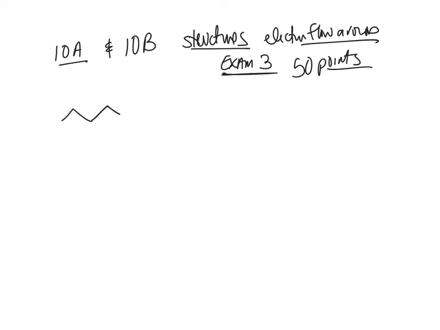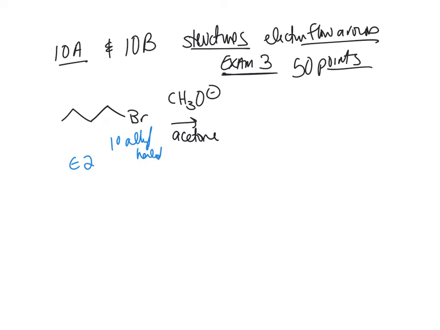You have this compound here, acetone, and you have a strong nucleophile. Now, this is going to be E2 because you have a primary alkyl halide, and these were all considered to draw possible elimination because obviously you would have competition.